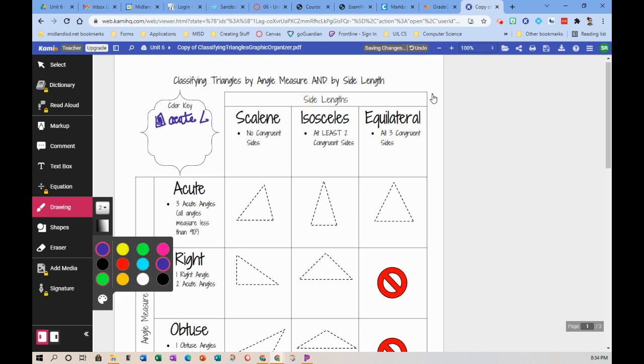And then we're going to do green for obtuse. Pardon my handwriting, which y'all already know is bad. And let's try pink for right.